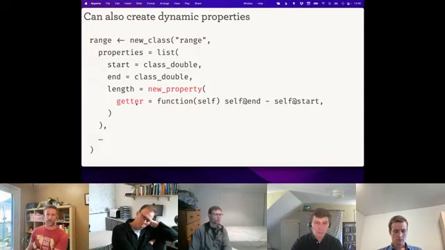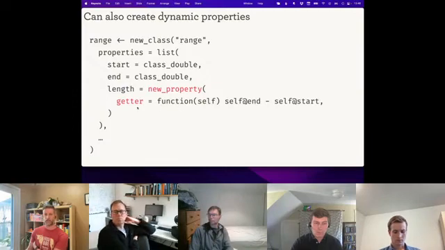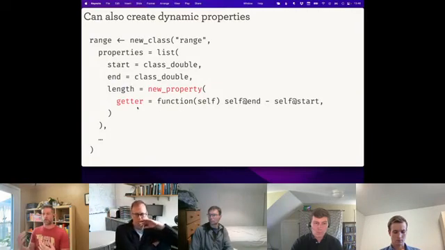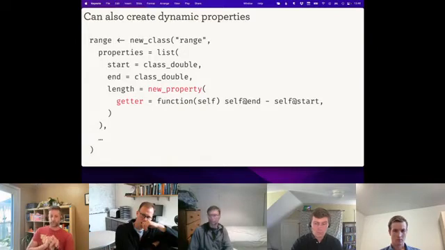I'm going to compute that value with the getter function. If I also wanted to make this property writable, I could also use a setter function. And this is a pretty important part. I think this is a really nice feature of R7, because this means if you need to change the internal structure of your object for whatever reason, you can add deprecation layers, so it's not going to immediately break other people's code.